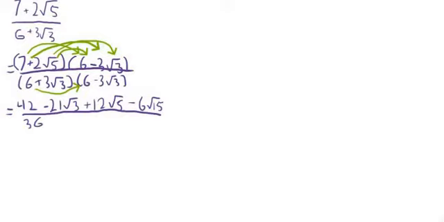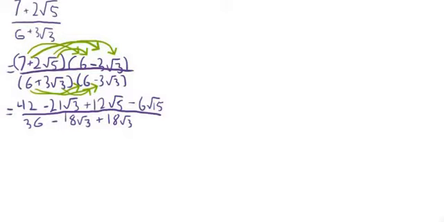Then 6 times minus 3 root 3 is minus 18 root 3. Then 3 root 3 times 6 is plus 18 root 3.